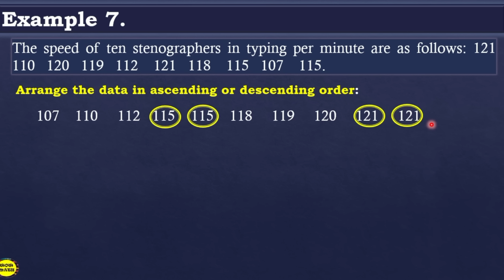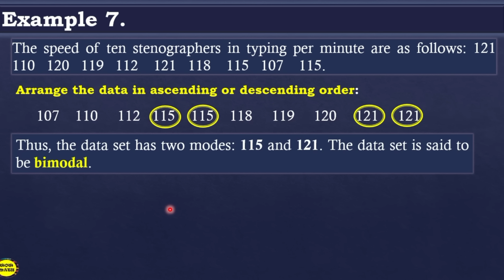So, since dalawa yung data na tig-dalawa, therefore, yung mode natin dito ay dalawa din. So, that is 115 and 121. So kapag dalawa yung mode nating class, ibig sabihin, the data set is said to be bimodal.